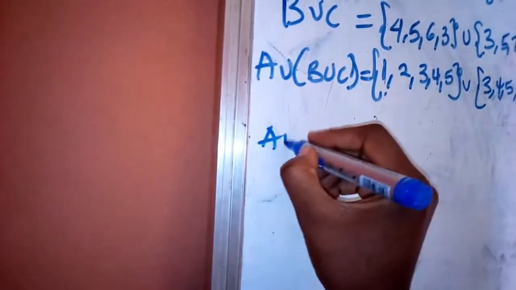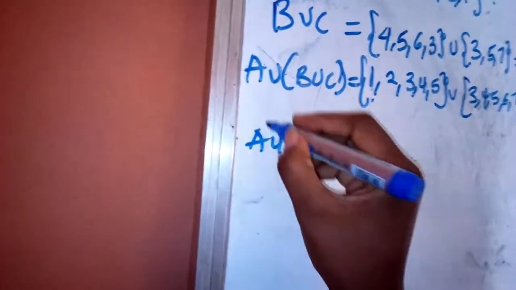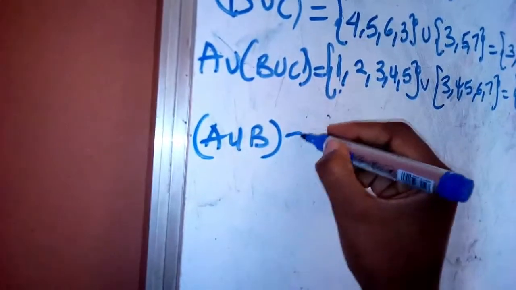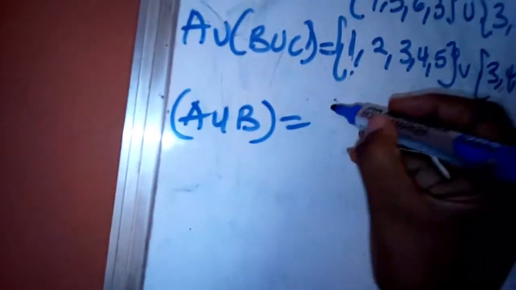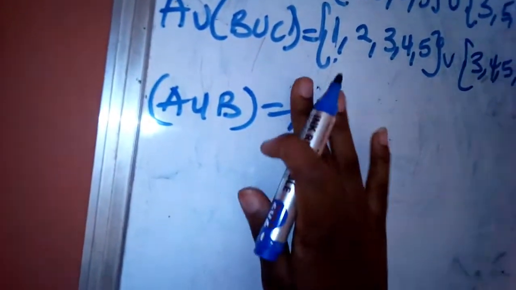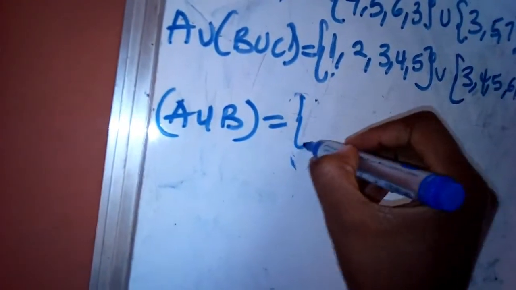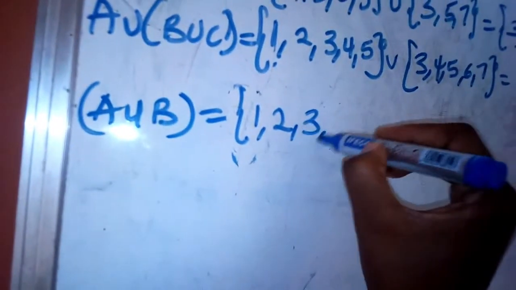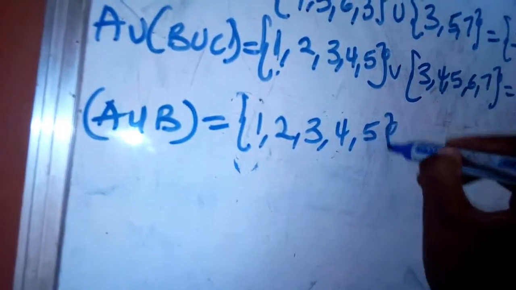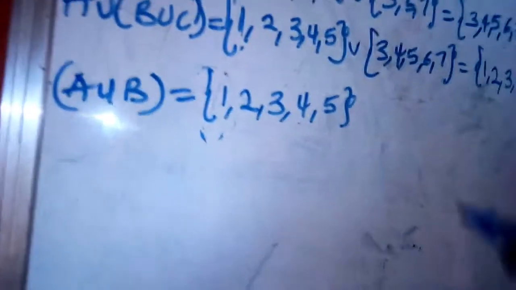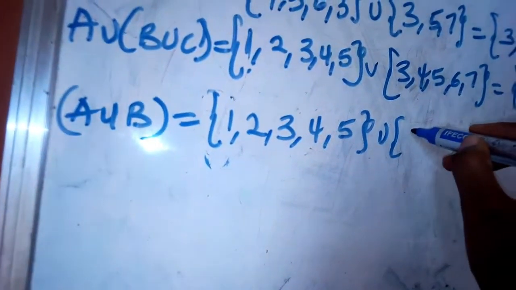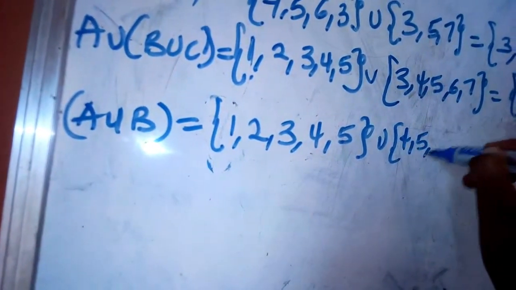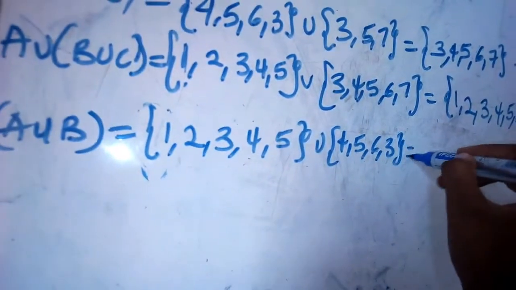So we'll start by doing A union B, which equals, I told you we list out, 1, 2, 3, 4, 5, union B, which is 4, 5, 6, 3.